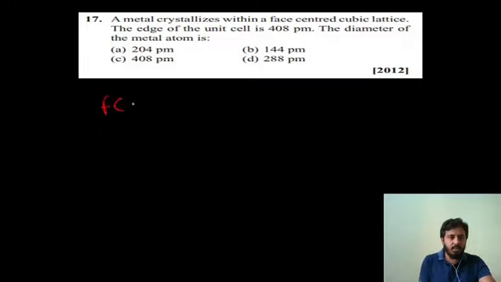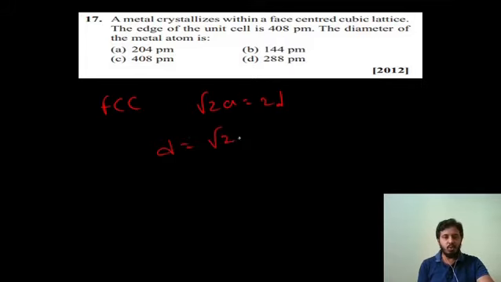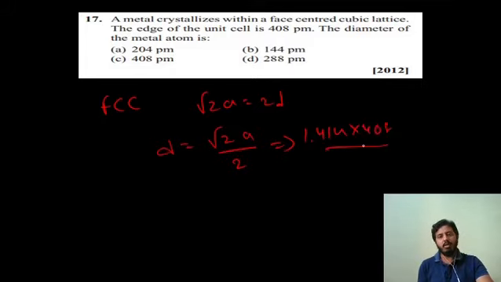For face-centered cubic lattice, we know that root 2a is equal to 2d. On rearranging the equation, you will get root 2a by 2, which gives 1.414 into 408 picometer divided by 2, which gives 288 picometer. That is option D.